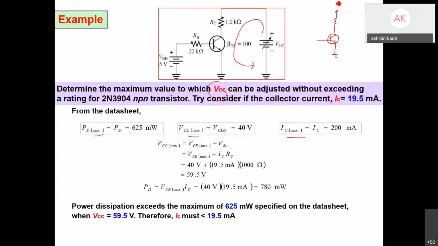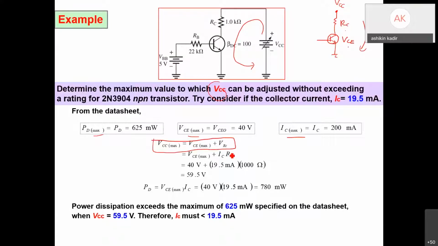Usually your circuit is something like this: VCC, here is RC, here is VCE. So you apply the KVL over here, you get VCC equals VRC plus VCE. So this is the equation.